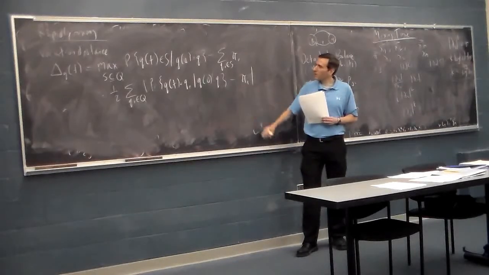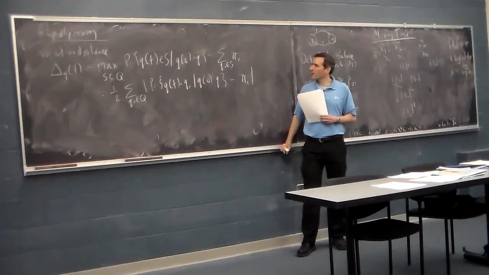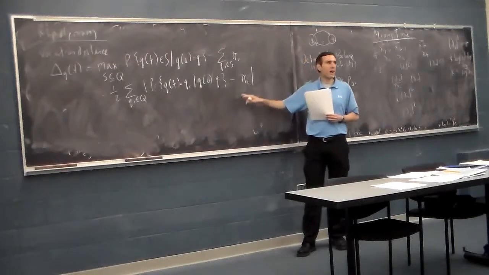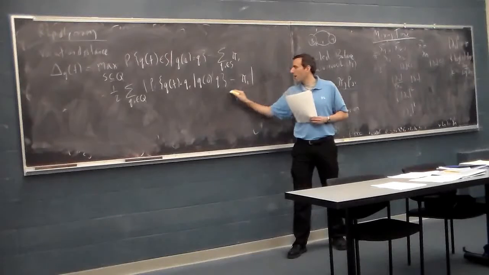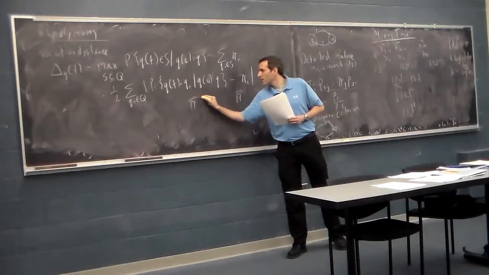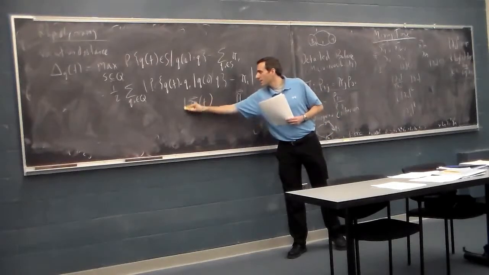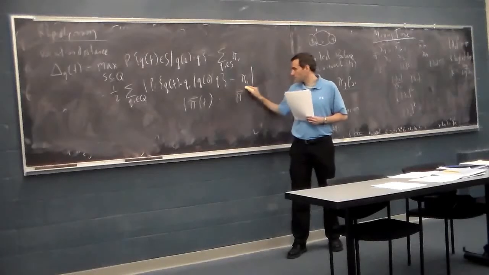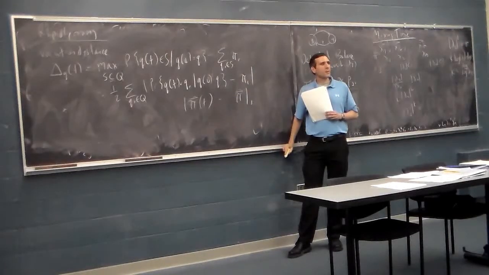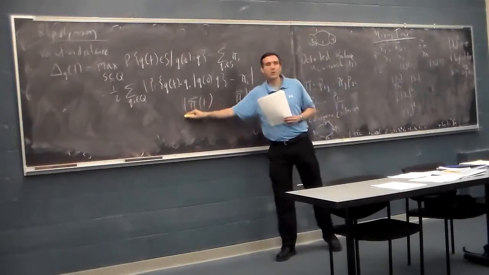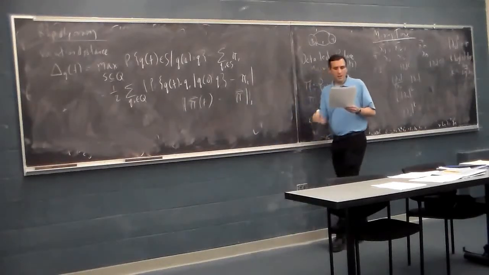This is equivalent to what we refer to as the L1 norm of the difference between the vector pi and the vector pi of t. Does that make sense to everyone? Okay.